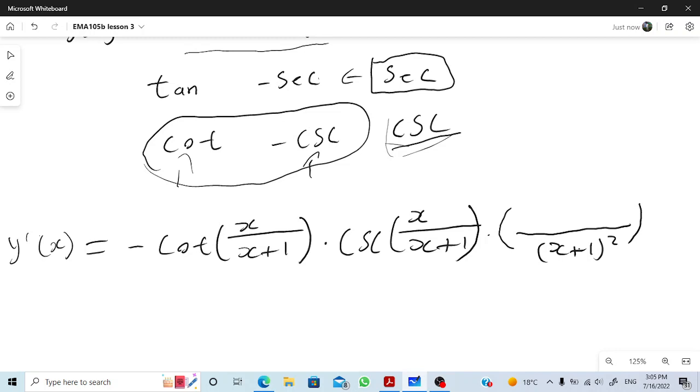Now you leave the denominator as it is. So here you have x plus 1 multiplied by the derivative of the numerator. So x prime is 1. When you differentiate x, you get 1. So the denominator is unchanged.